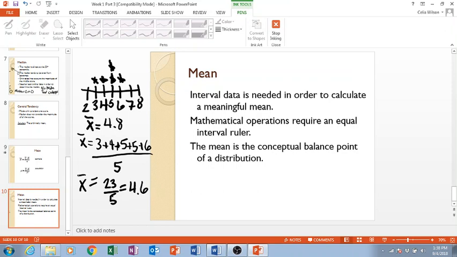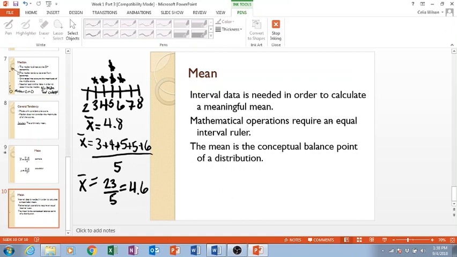So that mean is 4.6. So 4.6 then is the best representation of all your data. And it does a fairly good job. At 4.6, all of our data is equally distributed around this mean. Okay?